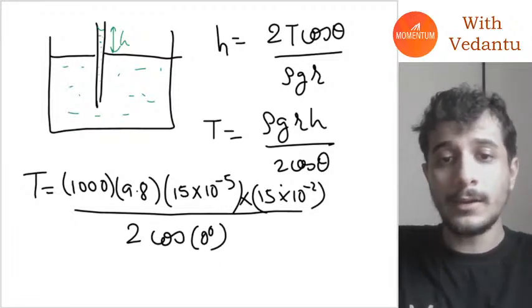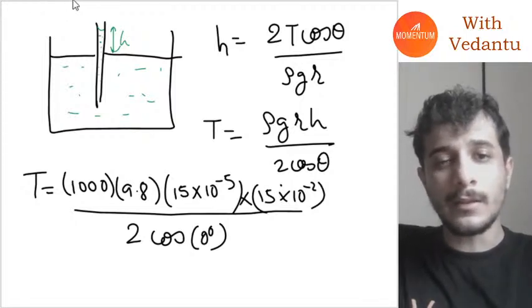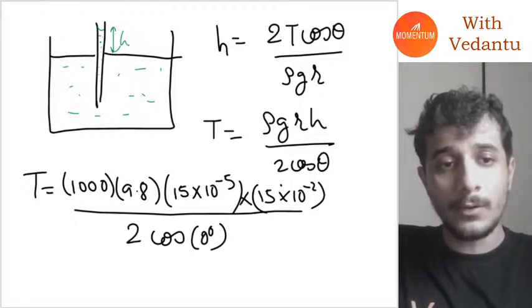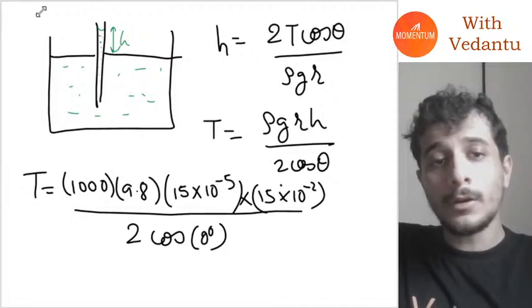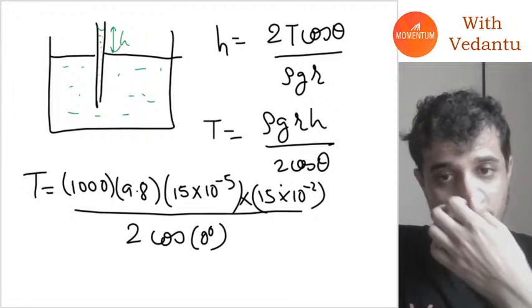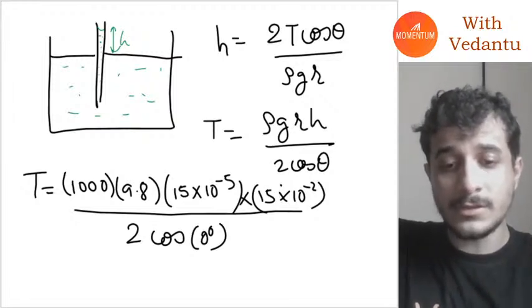Because here the angle of contact is given as 0 degrees. Guys, I hope everybody is following so far. Now, in order to solve this question further, all you need to do is just calculate.